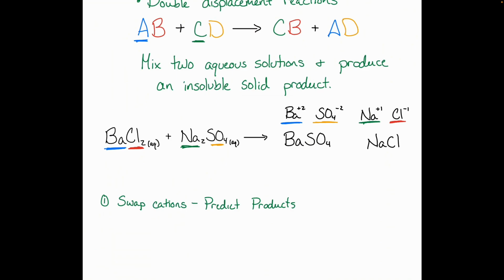Notice that the thing that's missing from my product side here are these states of matter. And that's what we're going to need to use our solubility table for. So step 2, we're going to look up each of our products on our solubility table.